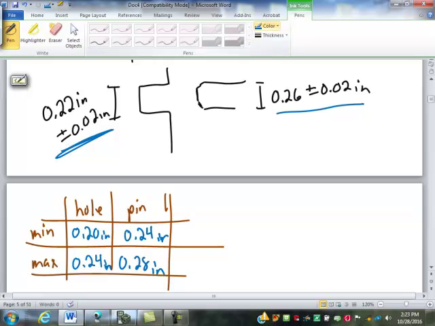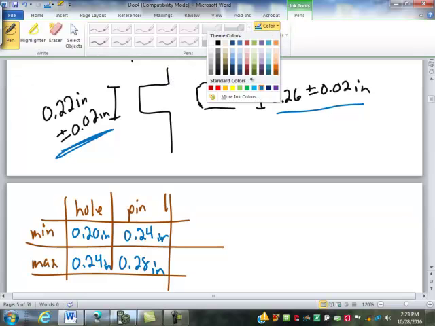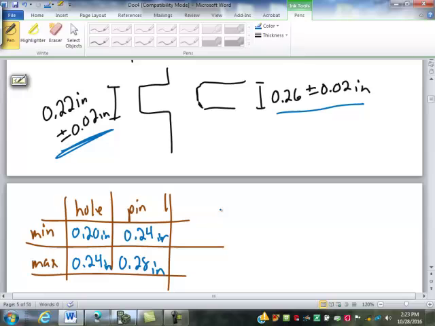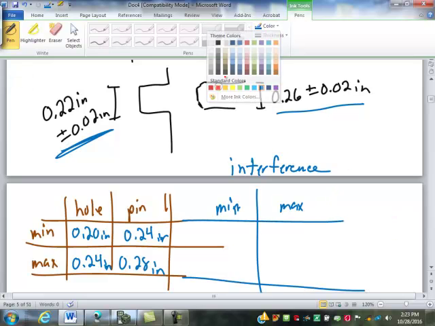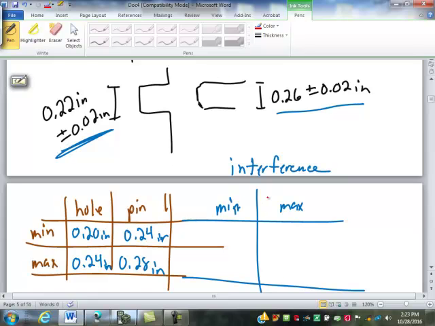So if I'm looking at the interference, the minimum interference comes when the hole is large and the pin is small.